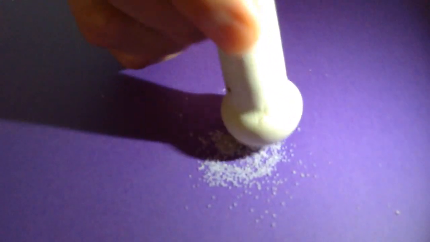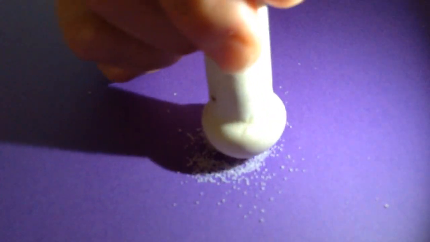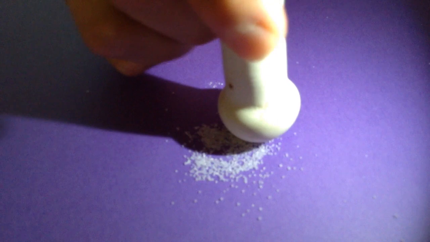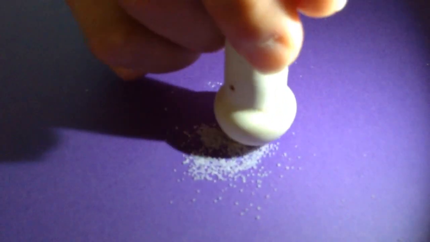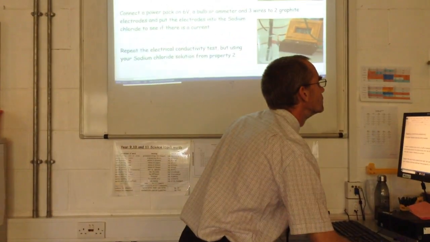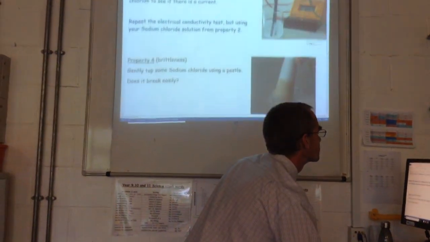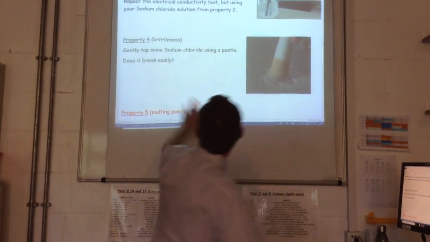I'm going to go for it a bit more, and hopefully hear them breaking up. Now you can see that it's much more powdery, very fine powder. So sodium chloride, ionic compounds, are very, very brittle. Does it break easily?